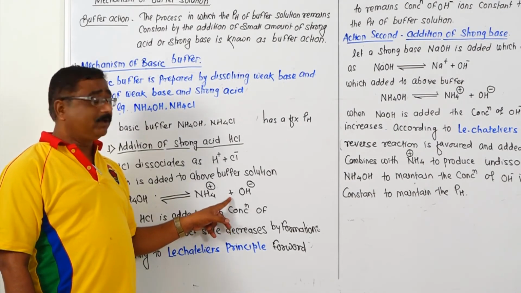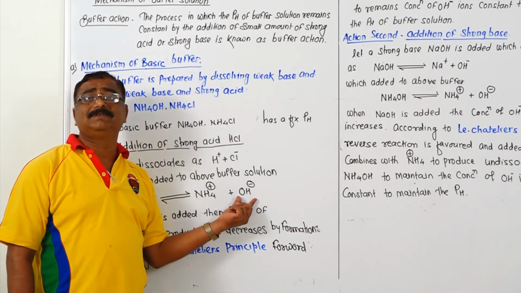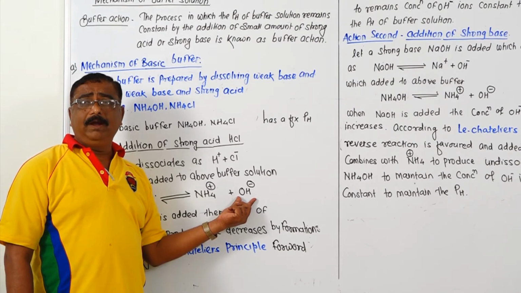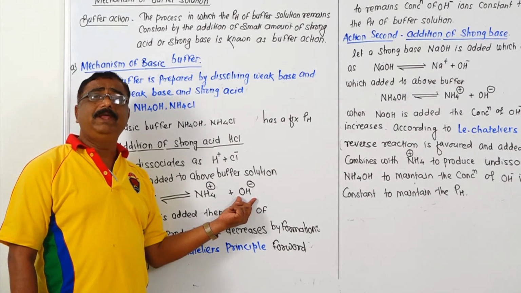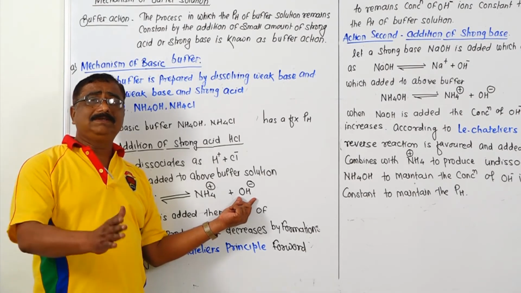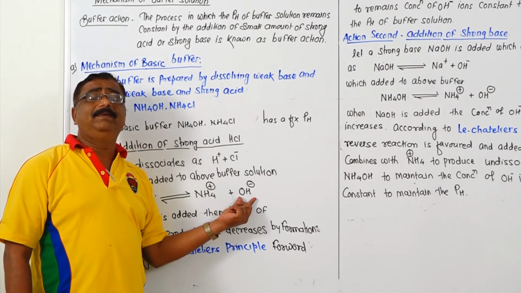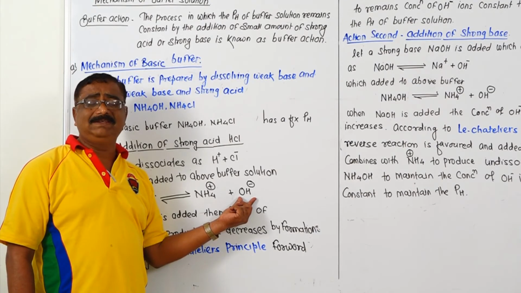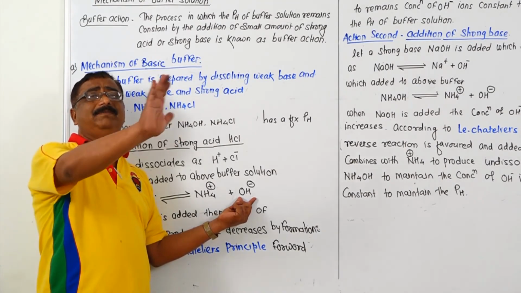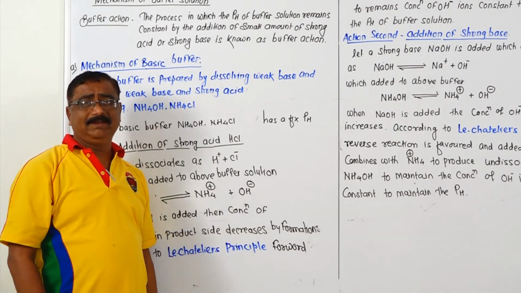That means the concentration of OH minus decreases for a while. And you know, according to Le Chatelier's principle, when the concentration of a particular ion on the product side decreases, forward reaction takes place.